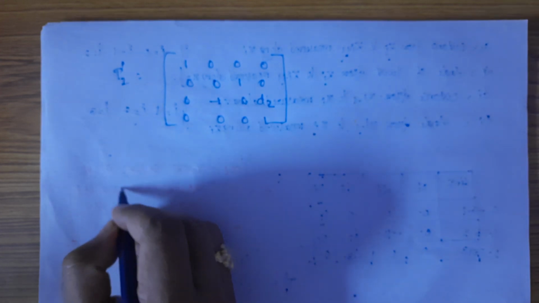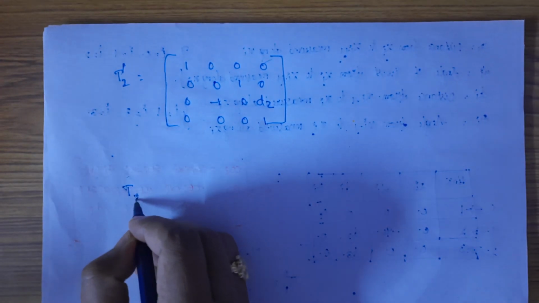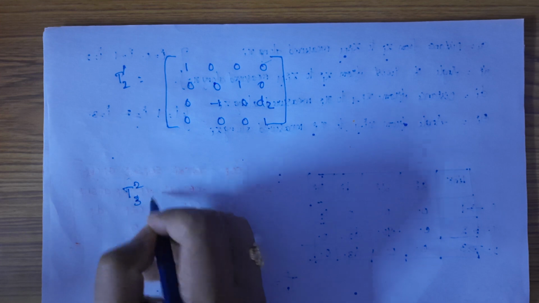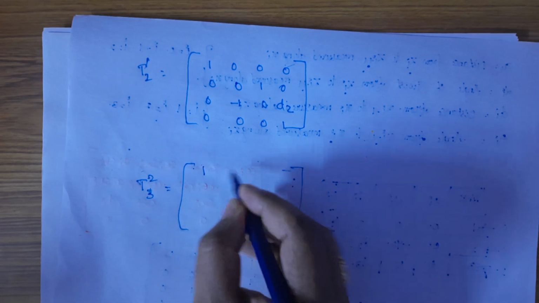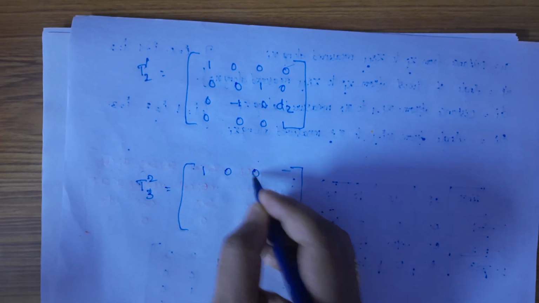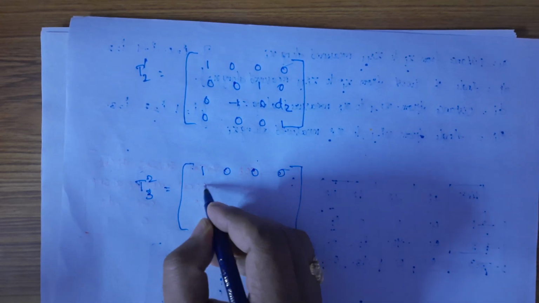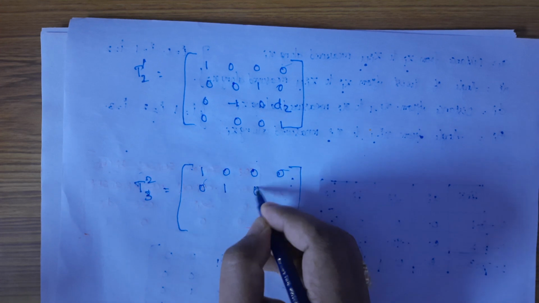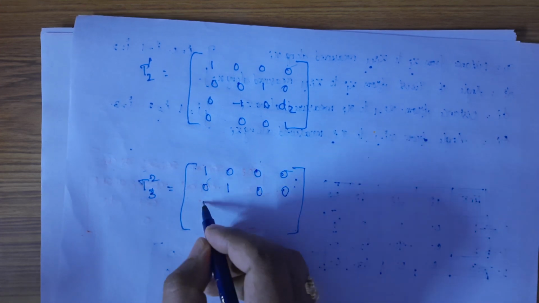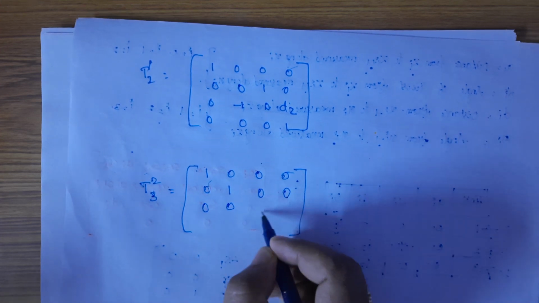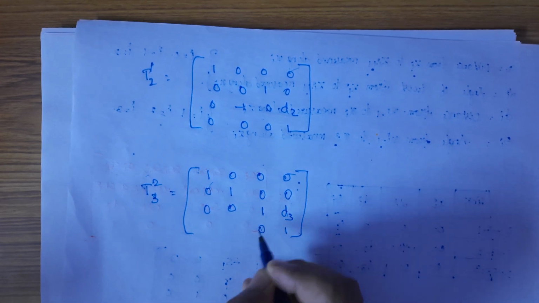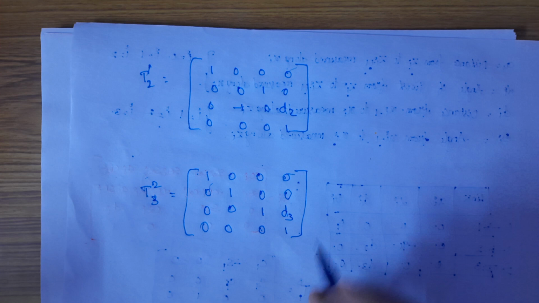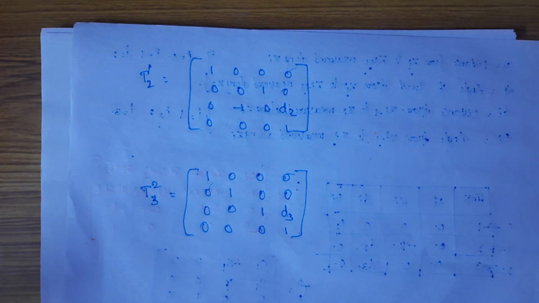The third transformation, that is T3 with respect to second frame, after placing the values in the given formula, I will be getting [1, 0, 0, 0; 0, 1, 0, 0; 0, 0, 1, d3; 0, 0, 0, 1]. These are the three frames that I have got.